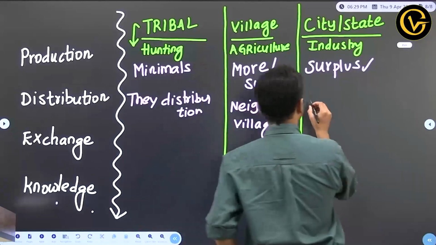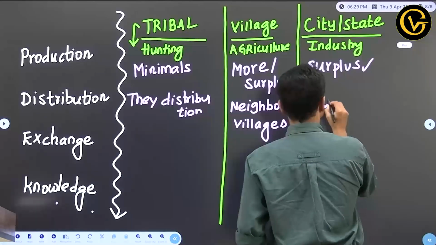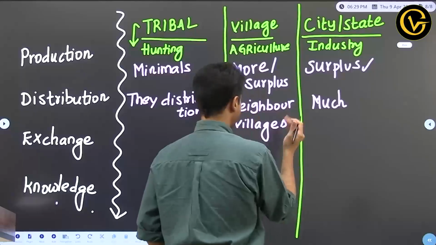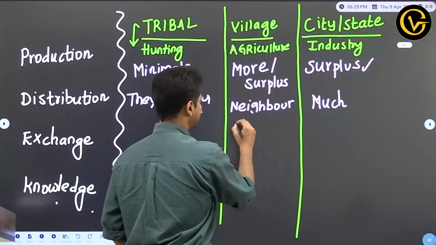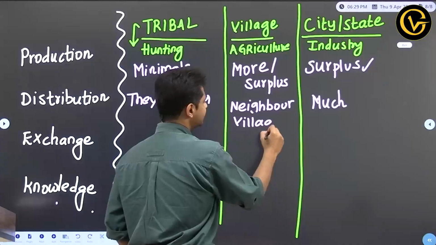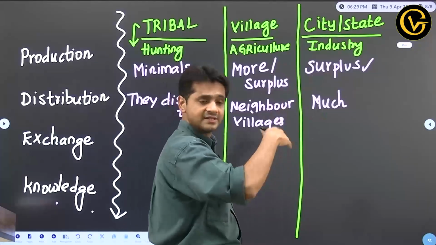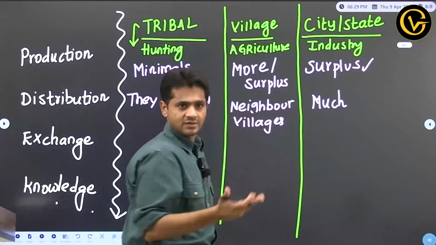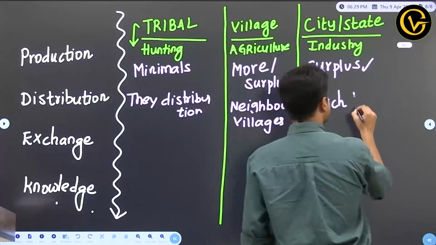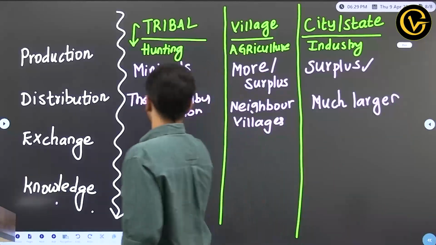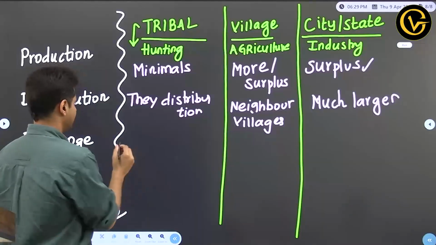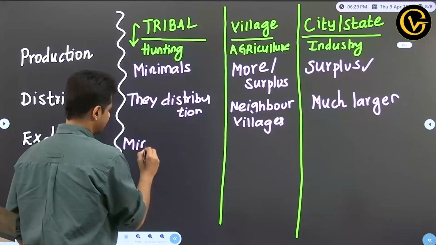Now you take a city level, state level or industry level. Definitely there will be much more. It's not about trade, distribution. The distribution will be with the neighboring villages, whereas in this case, the distribution will be across the state or across the city. Means much larger distribution. When it comes to exchange, in case of tribal society, minimal scope for exchange.